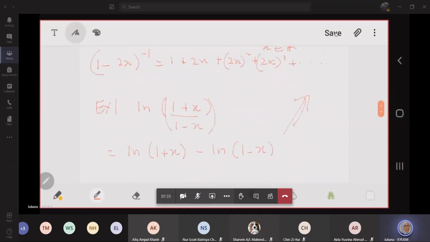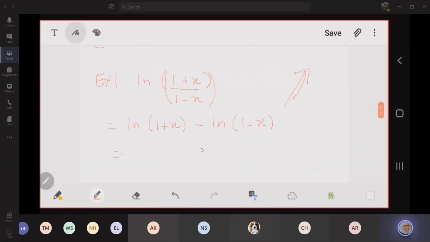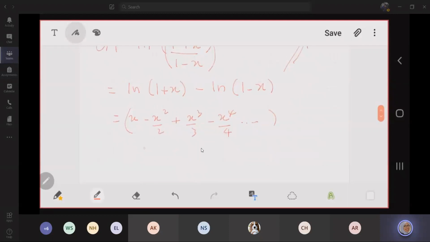Let's say for example, in this case, ln of 1 plus x is x minus x squared on 2 plus x cubed on 3 minus x to the 4 on 4 and so on, and then minus ln of 1 minus x.